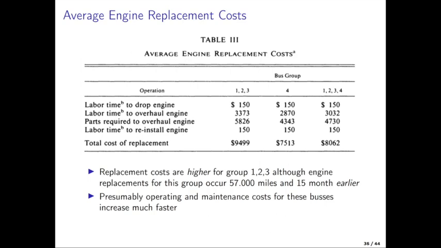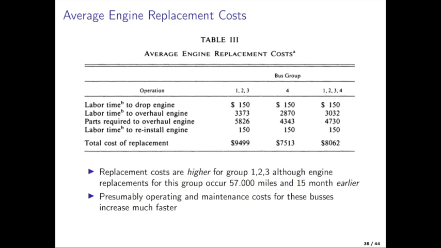So here's some data, a table from the paper, and you can see the replacement costs are higher for groups 1, 2, 3. This group's engine replacement occurs 57 miles earlier and 50 months earlier compared to group number 4. That's in the paper.